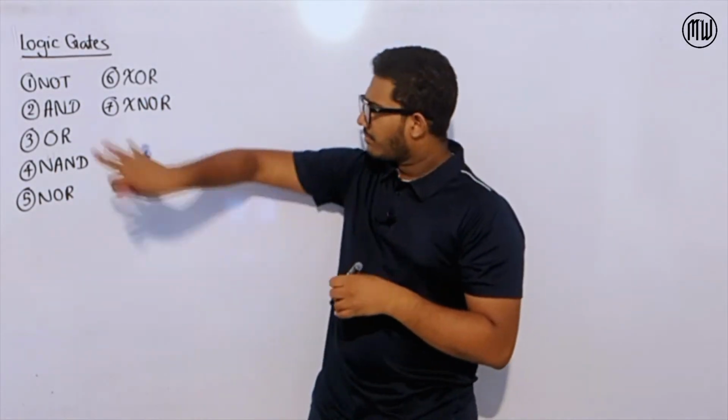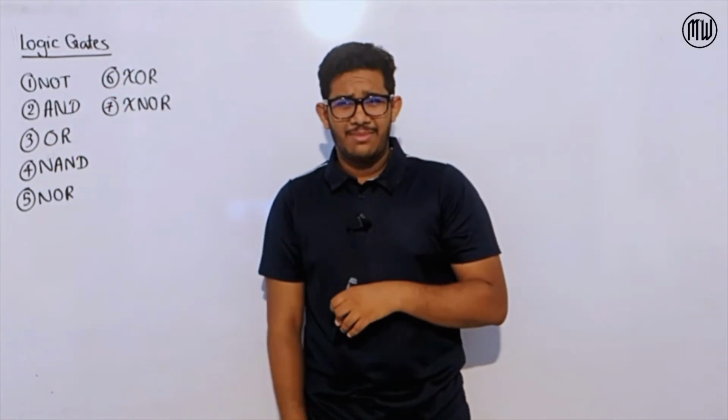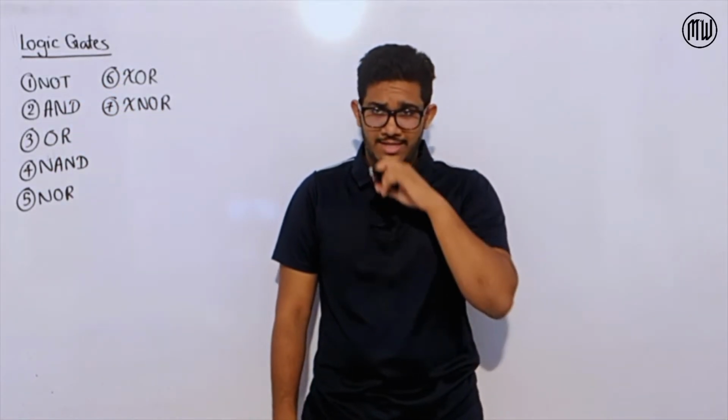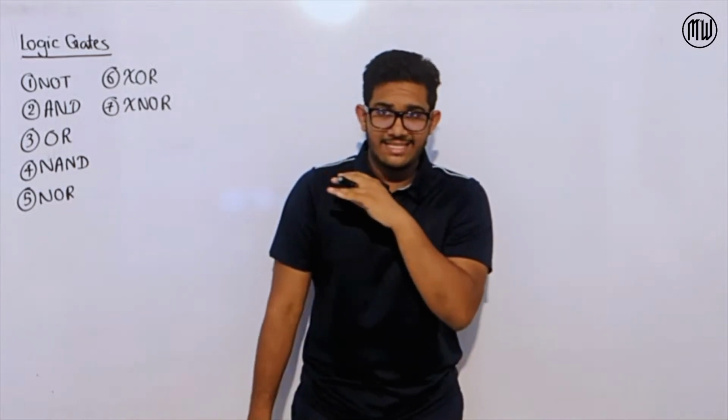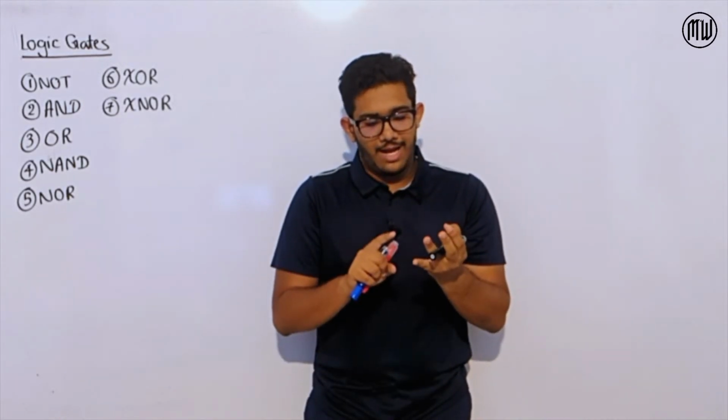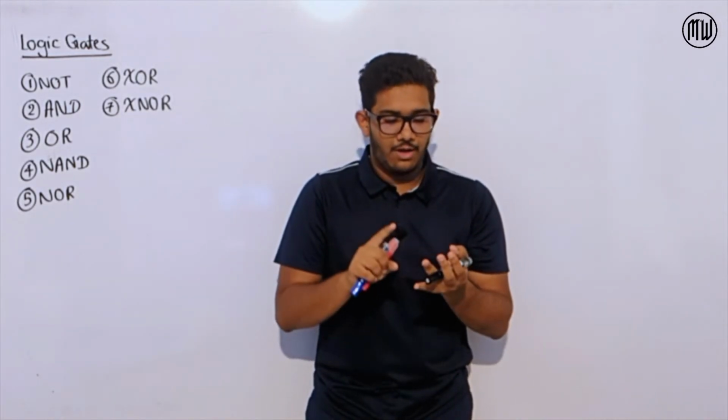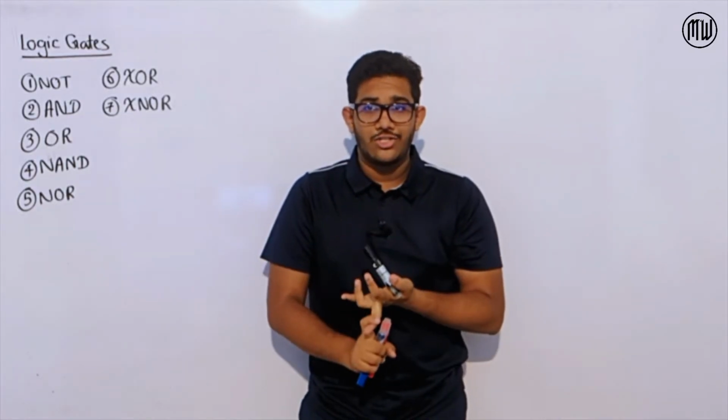So I hope you all have an idea about these, because I'm not going to waste any more time talking about these 7. Understand all the symbols, all the truth tables, and all the logic that they bring.